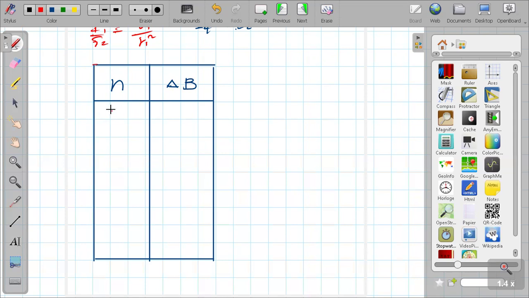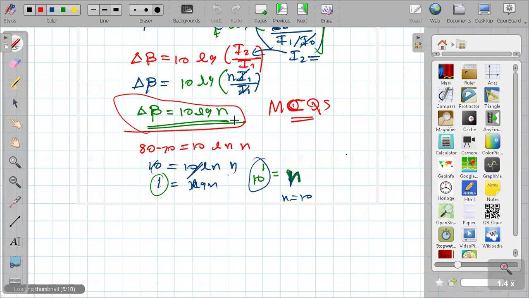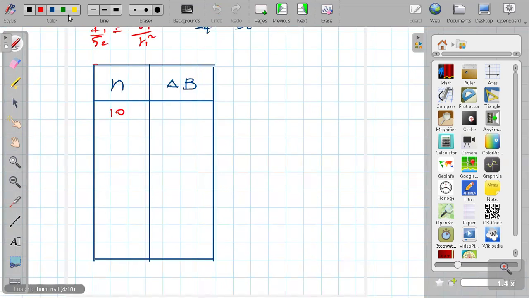If you just change it by 10, and I told you your simple equation. What is the simple equation I told you to remember? Delta beta equals 10 LG N. We did a simple calculation for that.